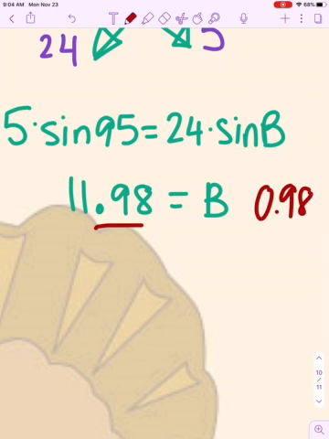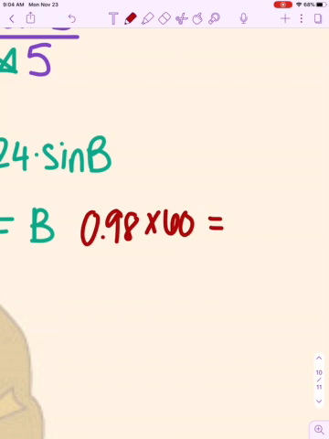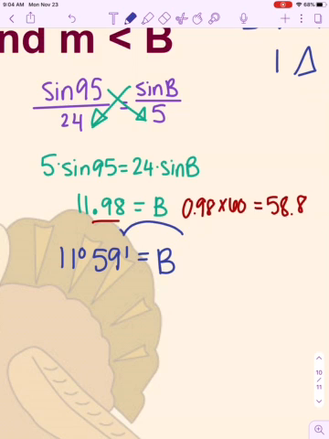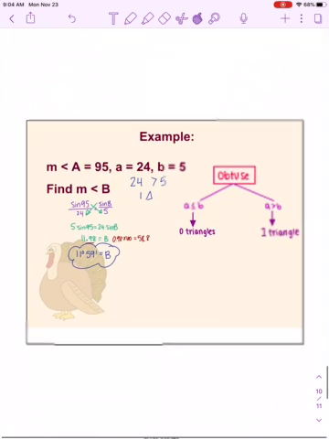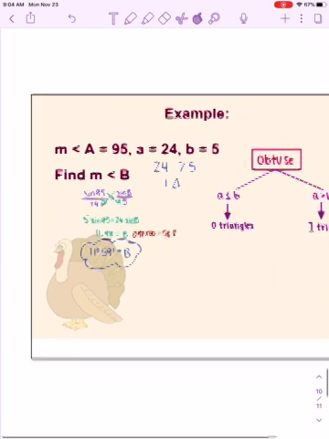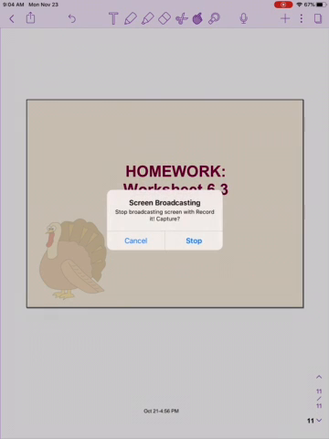That's the only one we need, so we just have to take 0.98 and multiply it by 60, because there's only one triangle, so we don't have to worry about it. 0.98 times 60, and you get 58.8. So then B is 11 degrees 59 minutes. Which is tiny, but side B is really small, so that makes sense that angle B would be really small. That's it.